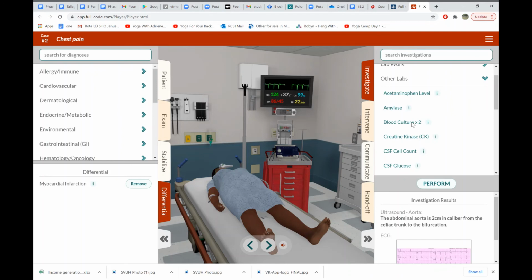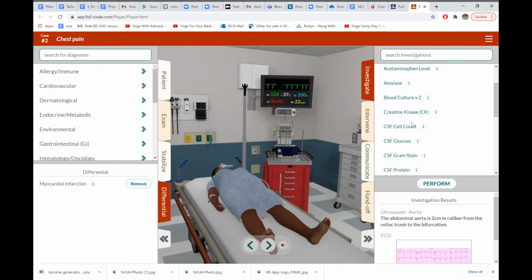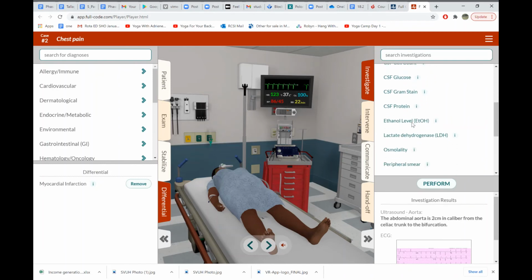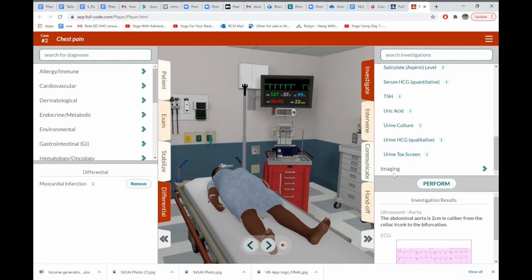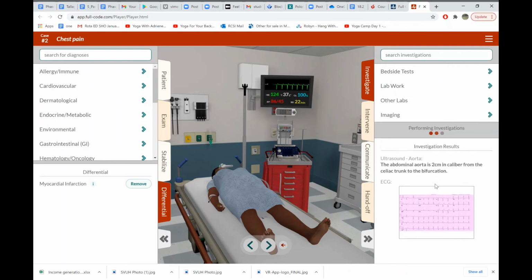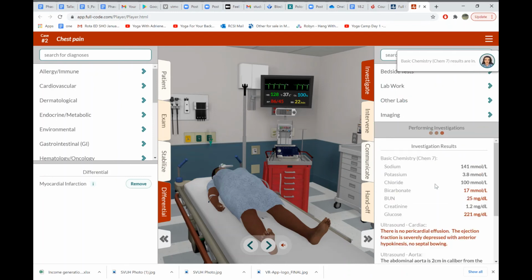So if you do loads of unnecessary investigations and painful things to the patient that they don't need, you'll lose points, and you'll lose reputation and all that other stuff. But here you can just do a spinal tap, which is a very painful, unpleasant procedure, and a chest x-ray. So we'll do all those and perform them, and I think you just get the result back immediately.